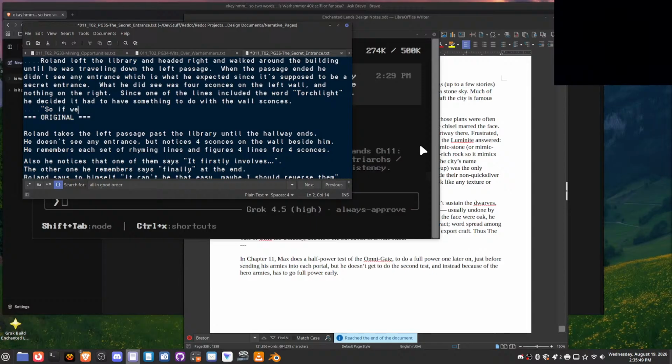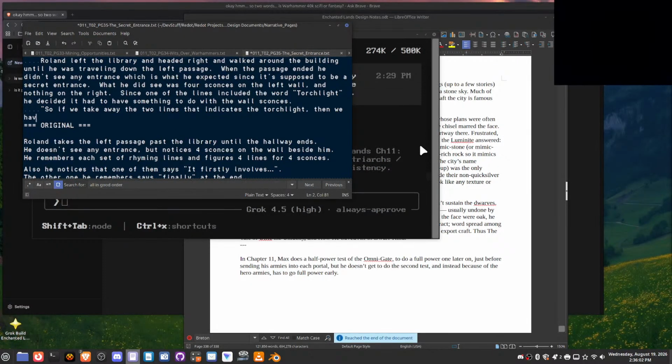So if we take away the 2 lines and paste the torchlight, then we have 4 lines remaining, and that must be for each sconce.